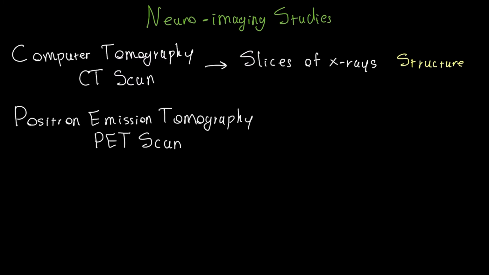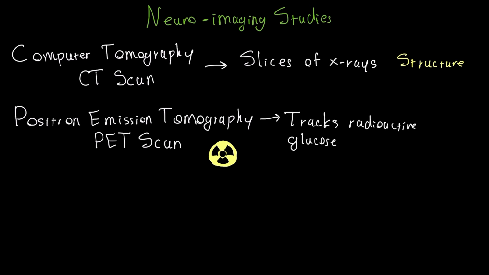Now, positron emission tomography or PET scan, this is where the person is going to take radioactive glucose, and then the activity of the radioactive glucose is going to be tracked.